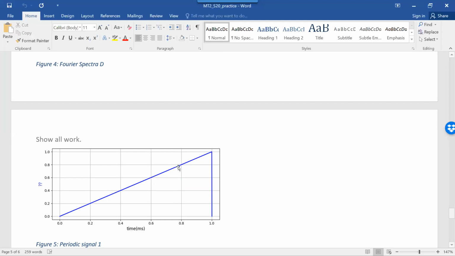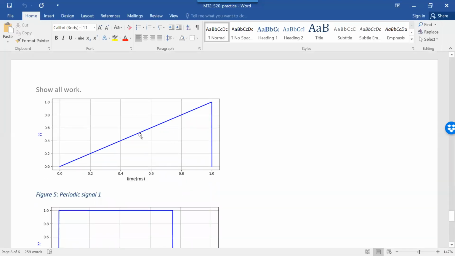But something that you could do is find out what the DC part is. What is the average of this signal? Well, the width is 1 millisecond, the height is 1. It's a triangle, so you're going to get 1/2 the base times the height, but then you have to scale it by the period because we're integrating.